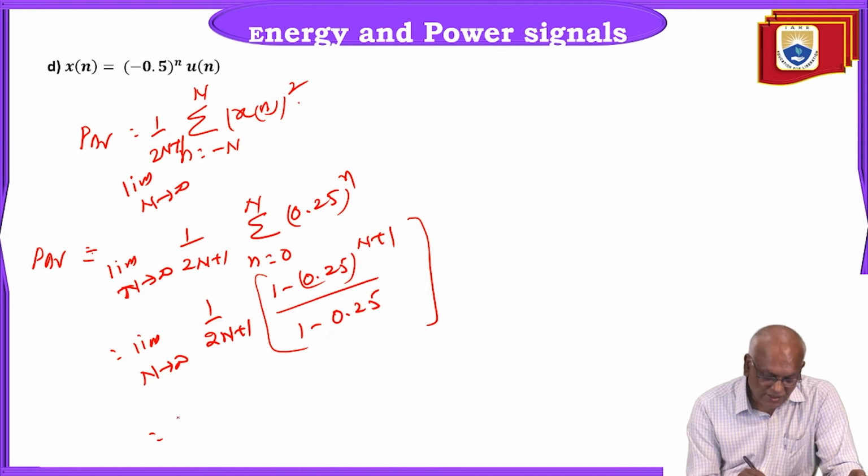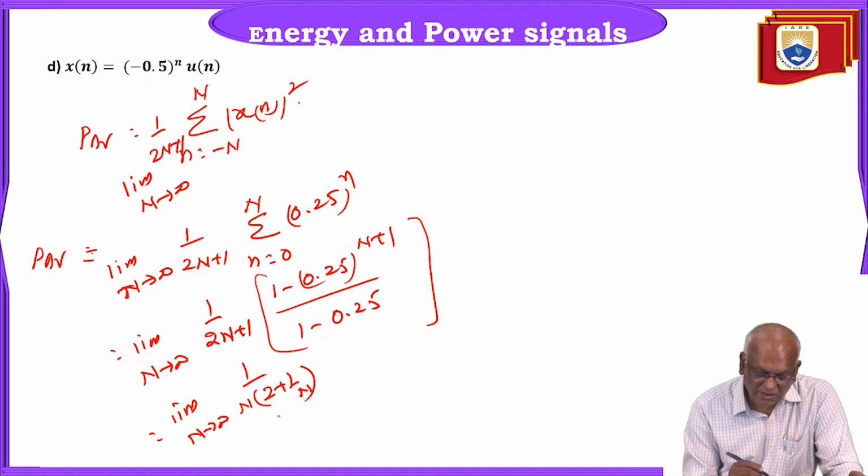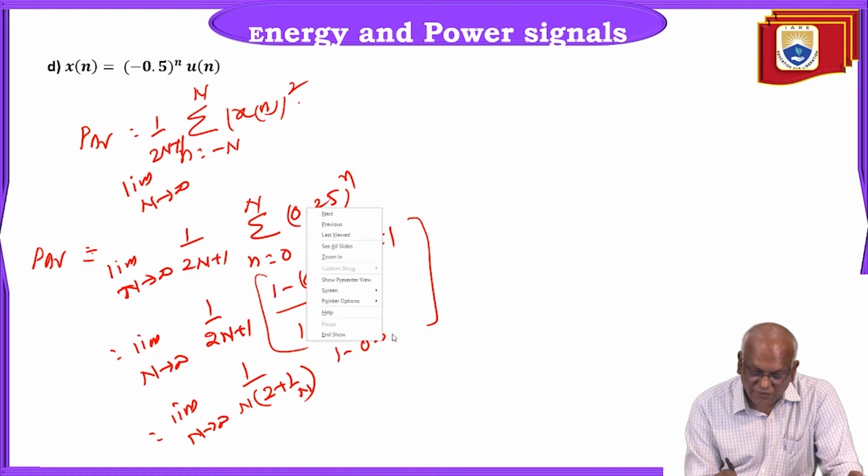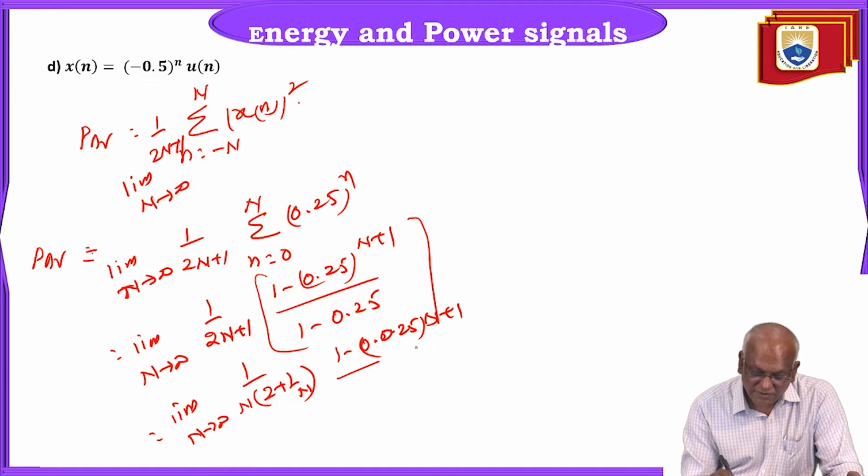I can write this as the limit n tends to infinity of 1 divided by n times common 2 plus 1 by n, times 1 minus 0.25 to the power n plus 1, divided by 0.25.